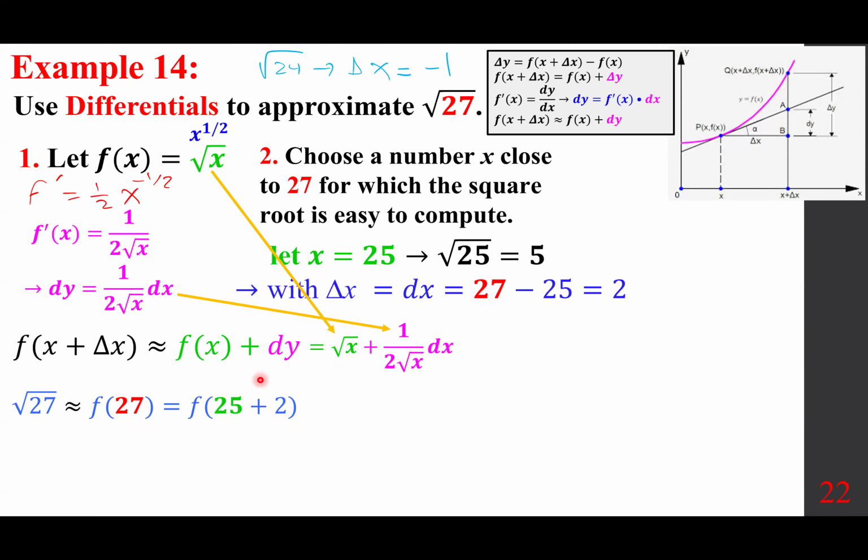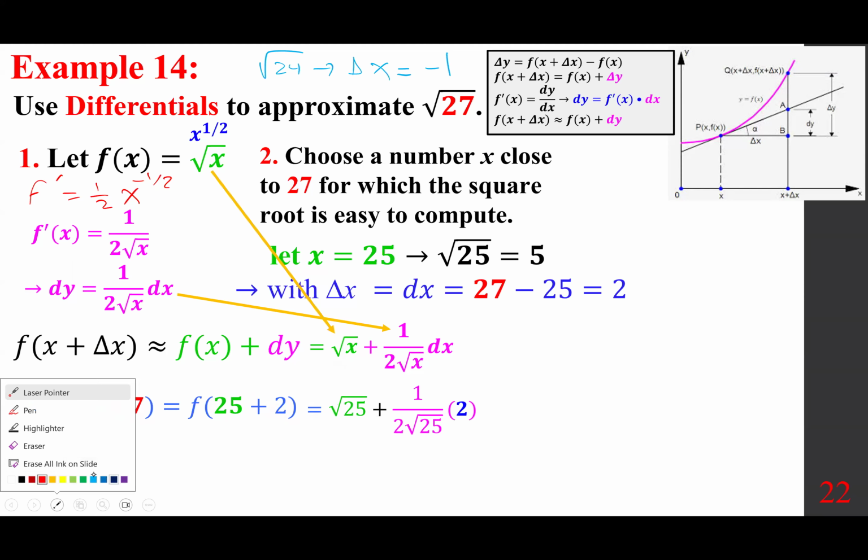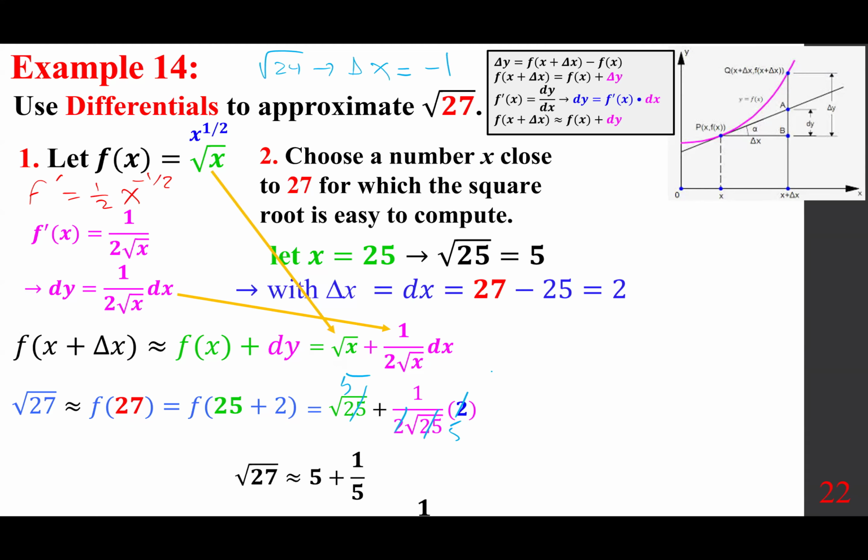Plug in, replace the x with 25, and delta x with 2. Bear in mind, everybody knows 25, the square root is 5, right? So we have this one to be 5, this one to be 5. 2 and 2 cancel each other. 5 plus 1/5, or 5 and 1/5, or 5.2.